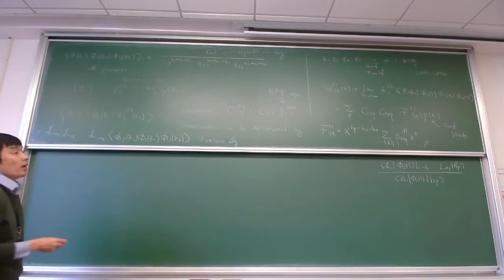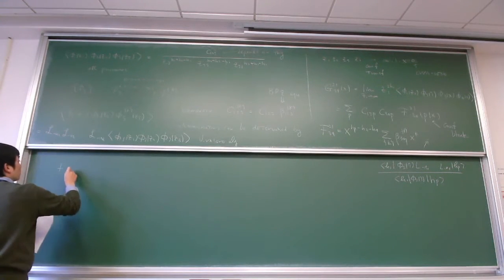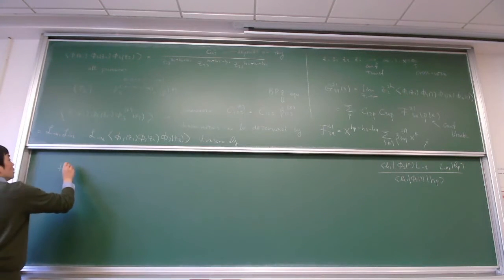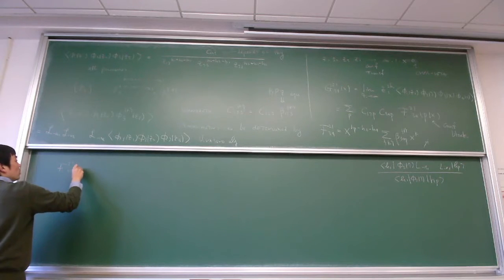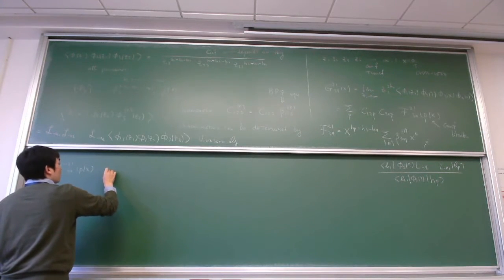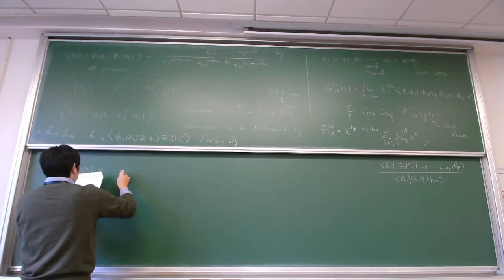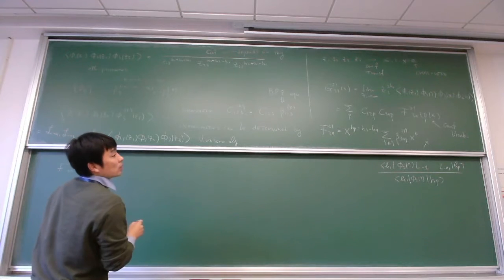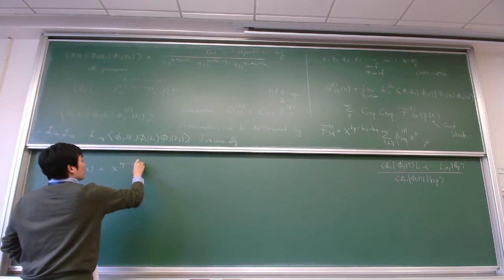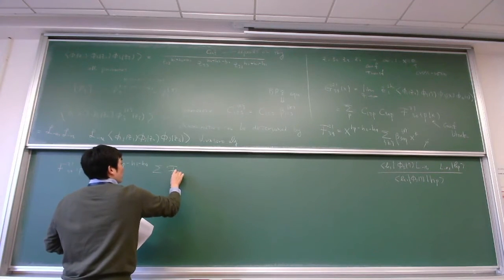So usually this F with h1, h2, h3, h4, p of x is a function that can be written as follows: x to the power hp minus h3 minus h4, and then a sum of Fk x^k.